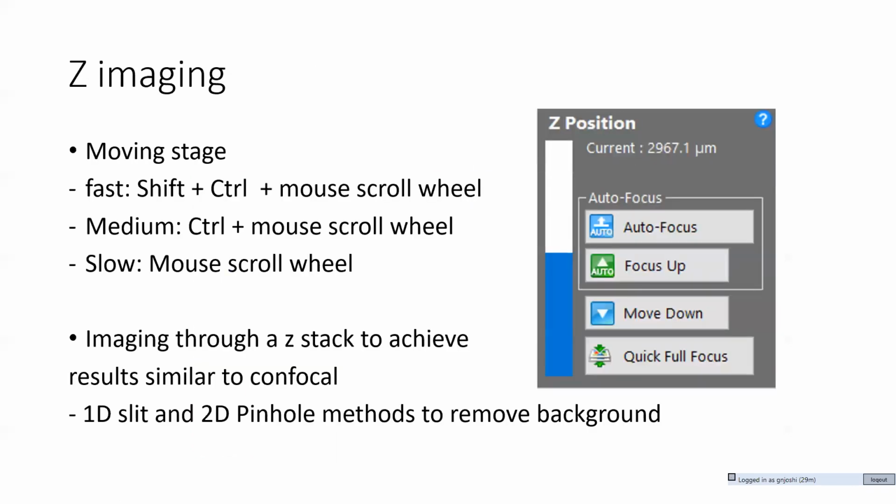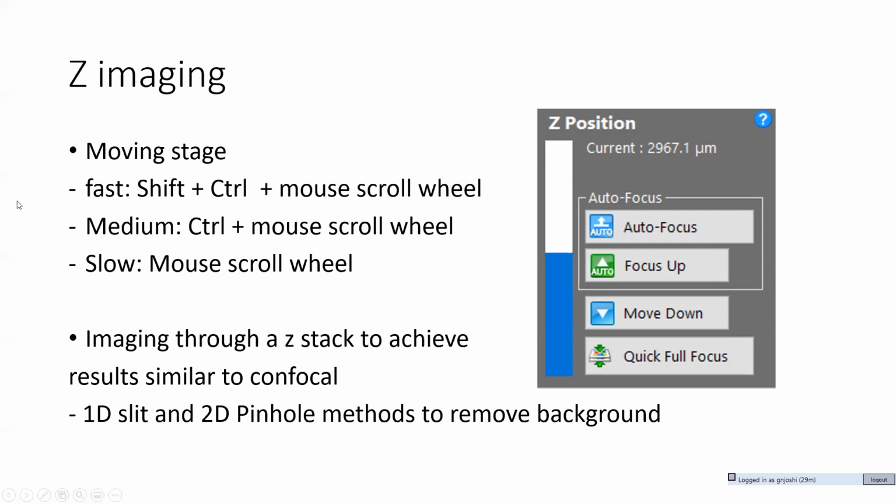Now, in case of Z imaging, this is not like your traditional microscope where you have the focus knobs on the side. So what if you want to go up and down other than autofocus, right? So other than clicking autofocus in Z, if you want to move in Z direction fast, you can click Shift, Control, and use the mouse scroll wheel.